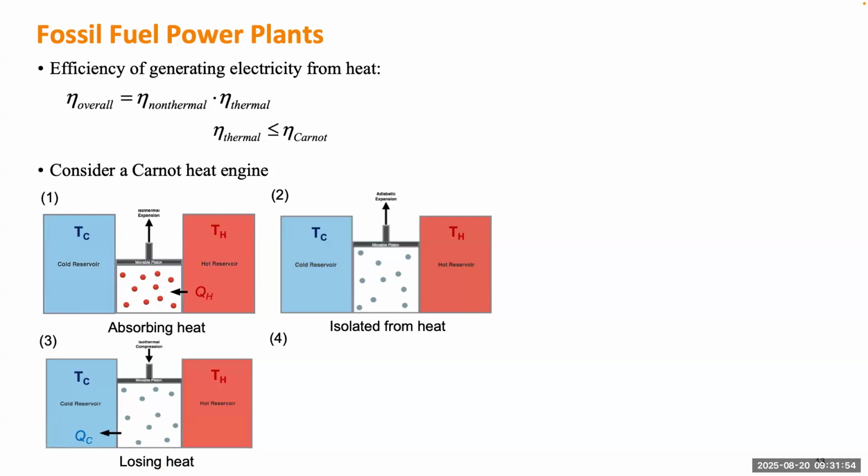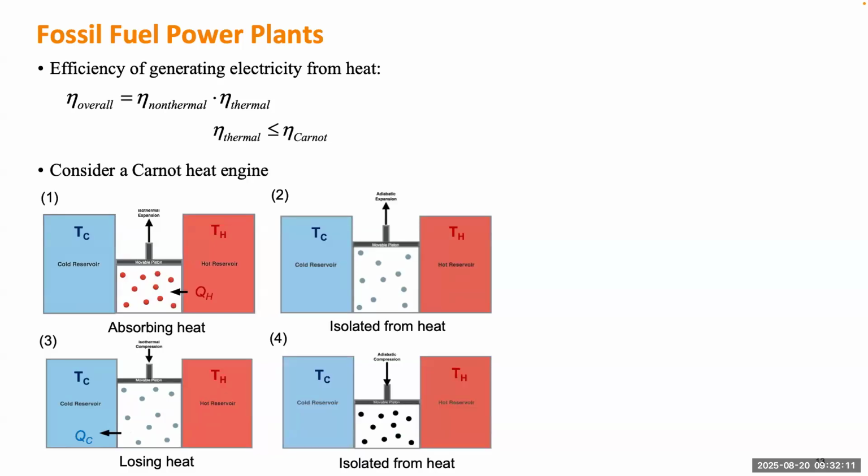In the next step, I make it fully contact the cold reservoir, so the heat will leave the tank and go to the cold reservoir, and the temperature will be the same as the cold reservoir temperature. Similarly, in the last step, it is isolated from both tanks, so the compression will continue. So why do I make the four steps in such a way?